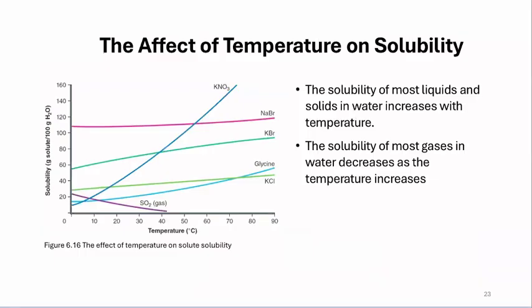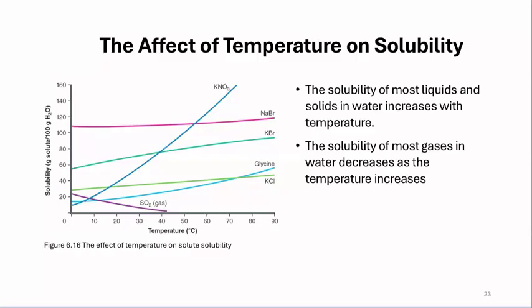Solubility is affected by many things, but in particular, we're going to study how temperature affects solubility. When it comes to solubility, understand that for most solids, when temperature increases, their solubility also increases.